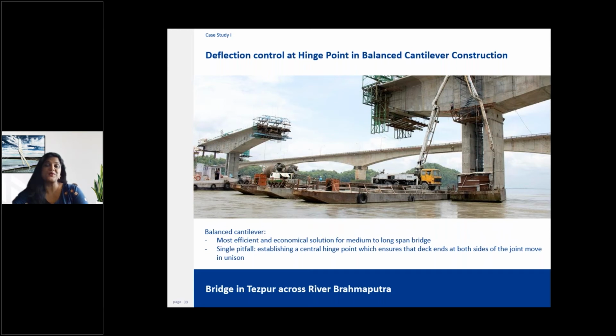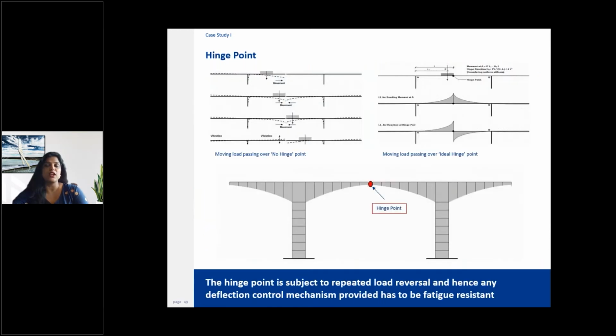But there was one major pitfall that challenged all the above mentioned advantages, and that was to realize this idealized hinge point. If you look at the picture at the top right, an ideal hinge is located at midspan, and the behavior of the structure can be seen as to how the live load moves along the span. The influence line of the bending moment at A is symmetrical about the hinge.